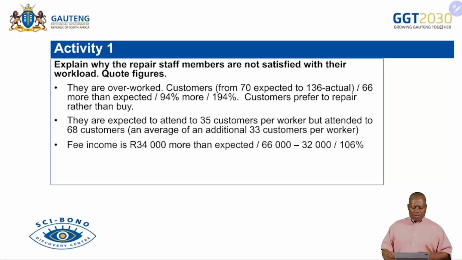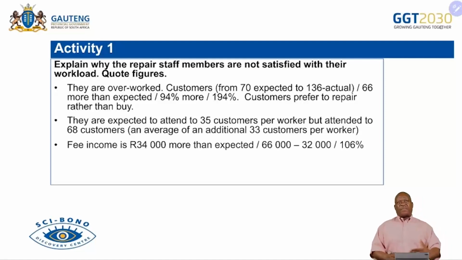But now, let's also check the fee income. The income that we are getting from these is doubling. It's going nearly double. The fee income was budgeted at 34,000, but we actually got 66.